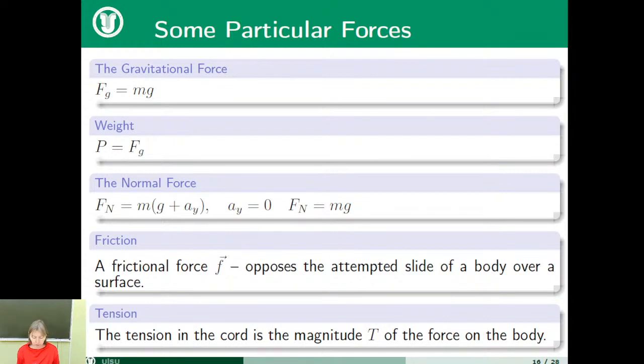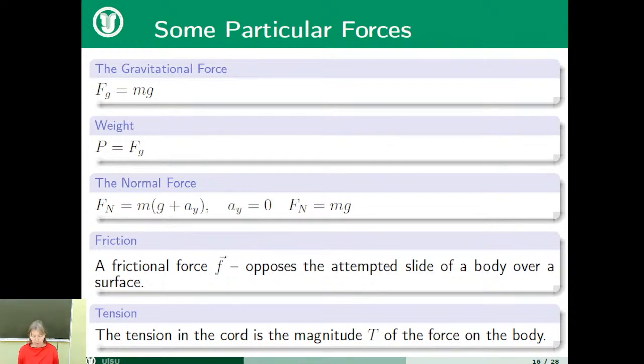For this axis, Newton's second law can be written in the form minus Fg equals m times minus g, or in other words, Fg equals m g, where g is the free-fall acceleration.